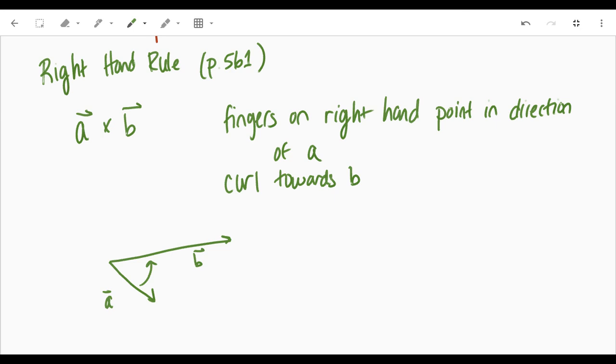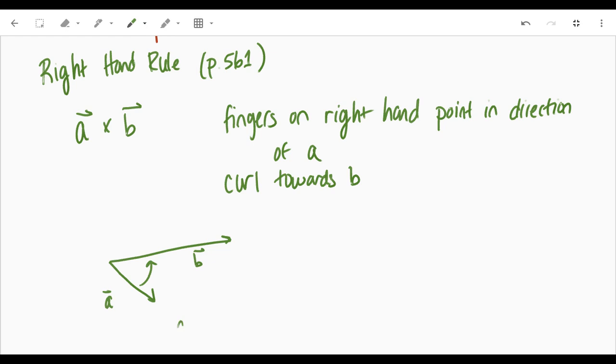Kind of a little bit of a diagram there, but I'll try to post a video or a picture too on Canvas. But in this case, if I hold my fingers, how I have them drawn now, on my right hand in the direction of A, and I curl my fingers towards B, my hand has been positioned so my thumb is pointing out of the board.